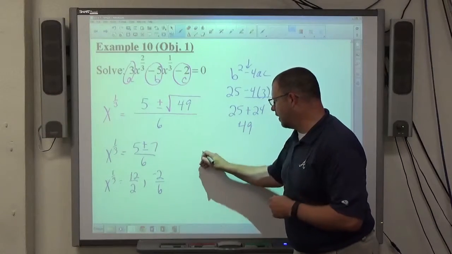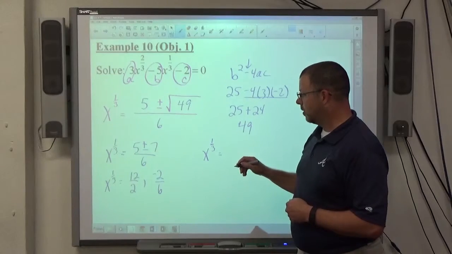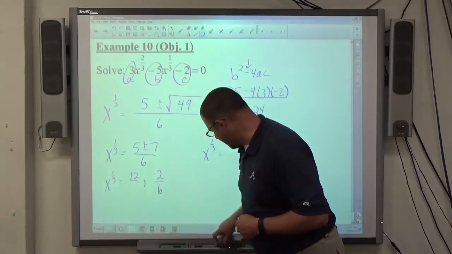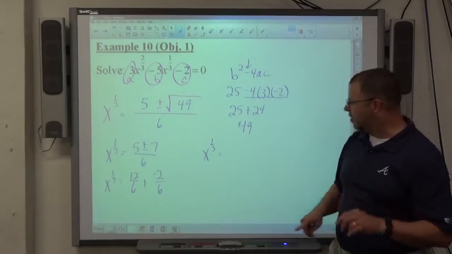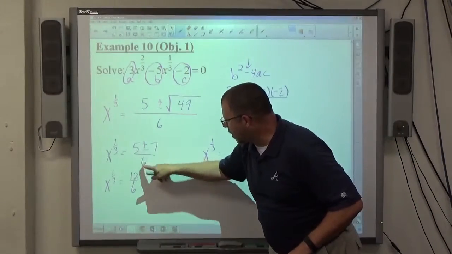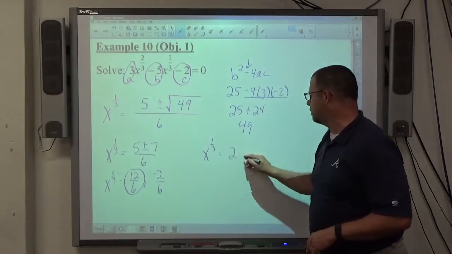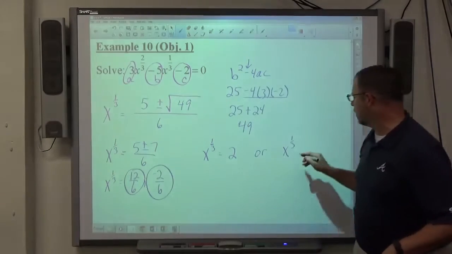So my final equation I'm going to create is x to the 1/3 power is equal to 12 over 6. Oh yeah, over 6, thank you. I was doing 12 divided by 6 in my head to get the 2, I think. Right. Over 6 would be there, yes. All right, so 5 plus 7, 12 over 6 is there. So x to the 1/3 power for this one is going to equal 2, or x to the 1/3 power for the second one is going to be -1/3.